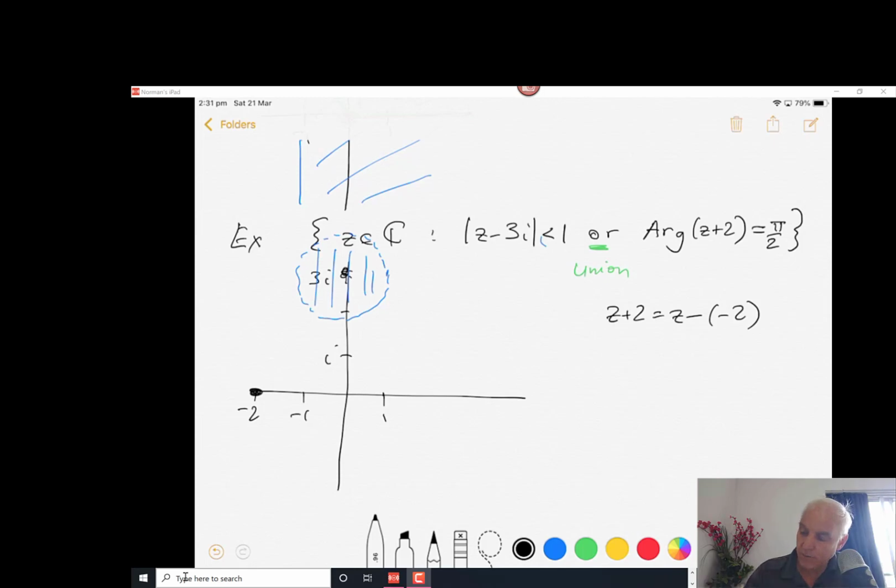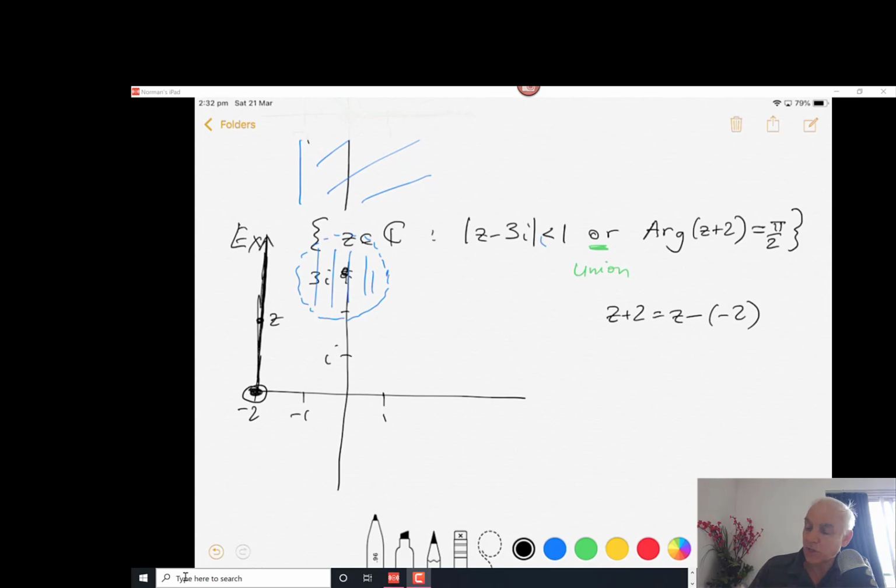So what z are those? Well, those are the ones that look like this. So this kind of z here, that will work. But we should not include this point here. So in this case, the second set is just this ray that goes up in the vertical direction.